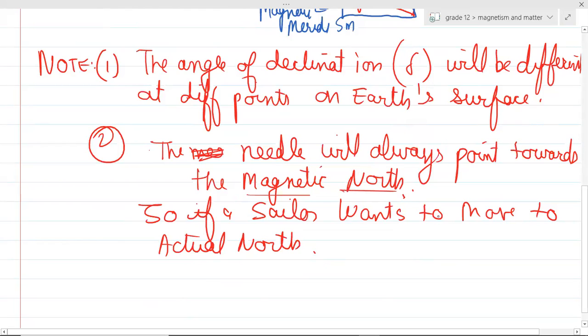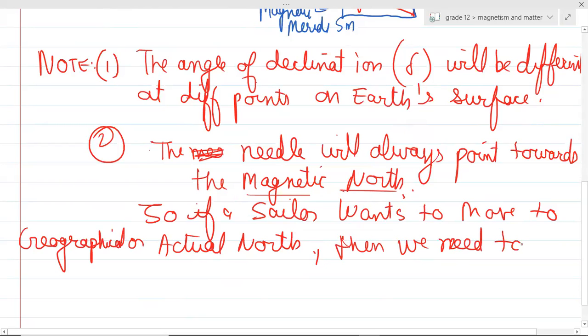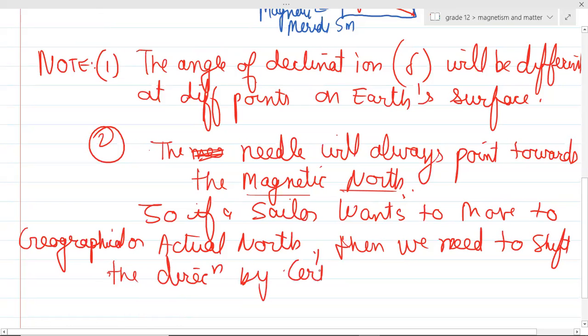So if I want to move towards the actual north, or basically the geographical north, then we need to shift the direction by a certain angle, right or wrong?